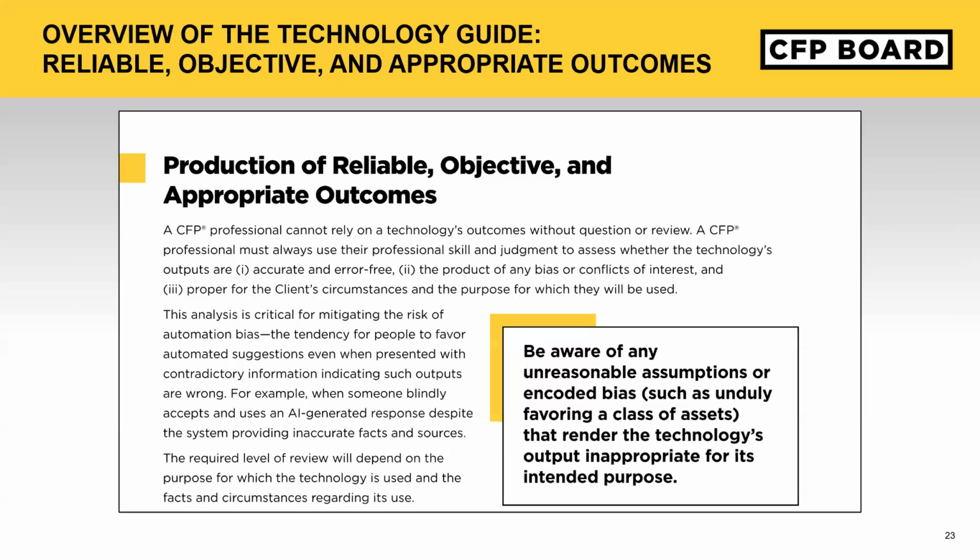This is a key point that's brought up in the discussion in the guide surrounding automation bias and not just blindly accepting results. If you enter a bunch of numbers, push a button, and it comes up with some information to present to your client, that's great, but you need to understand why that information has been generated and what that represents.